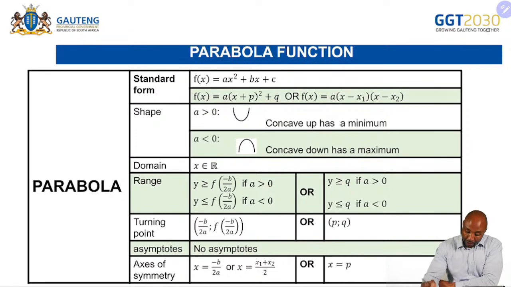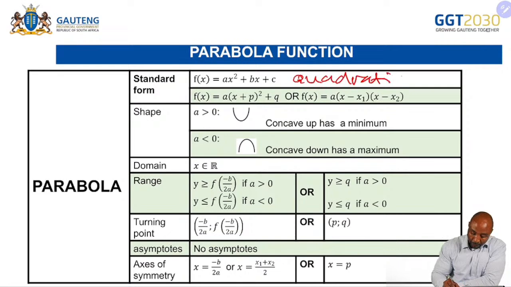And then we have got the second form. So the first one, we are calling it the quadratic. The second form, this one, we call it the turning point form, where you are given a factored outside. Then we have x plus p squared plus q. I know the method of completing the square, and we do not like it from grade 11, but we should just practice it as it helps to make our life easy.